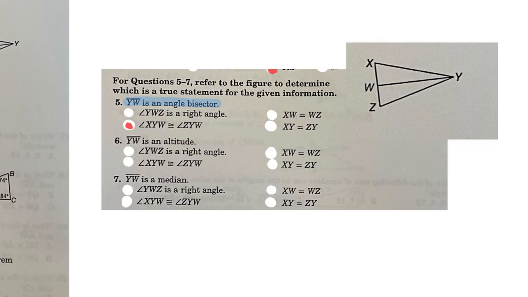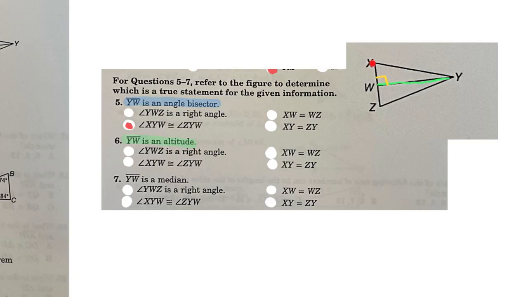Looking at number six, YW is an altitude. All right, so now they're saying that this thing is an altitude. Well, the moment they tell you something's an altitude, you know what I'm going to do? I'm going to drop a 90-degree thing on that. Because if the green thing is an altitude, well, it's already going through the vertex. What's the other feature of an altitude? The 90-degree situation.